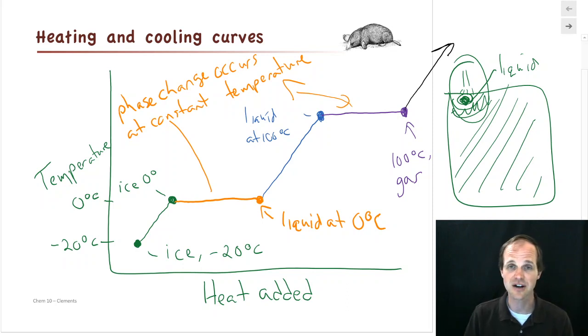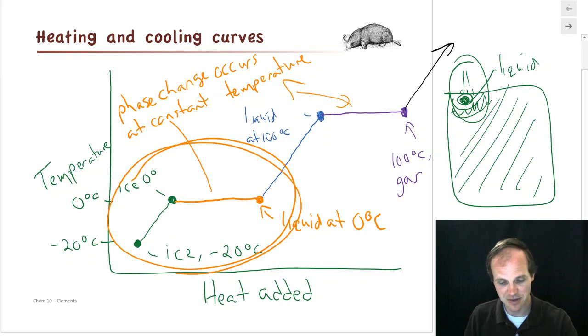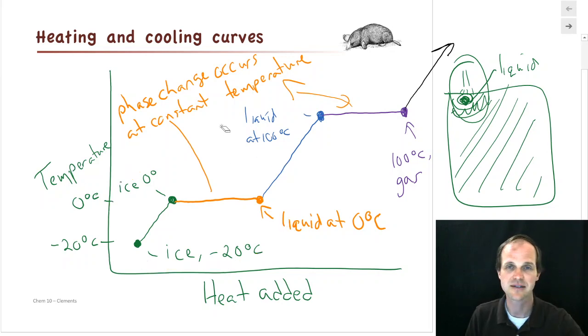If our heating curve started at 20 degrees Celsius, where water is a liquid, we wouldn't have any of this spot down here because we didn't start down there. But in this case, we did, and so we've got these three different areas. One last thing we want to look at on this curve is what phases are present during these different areas.